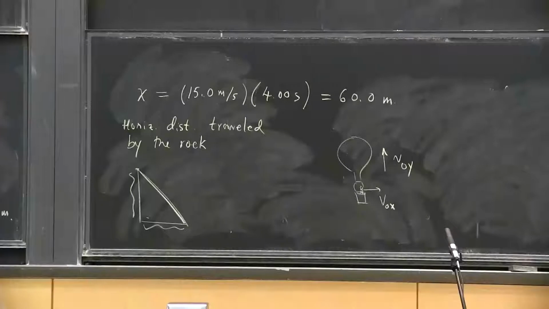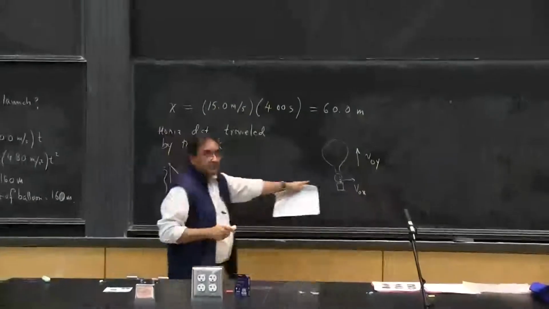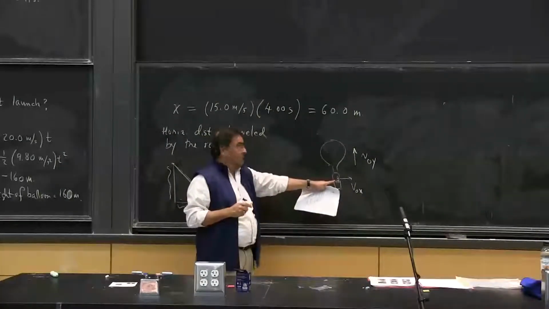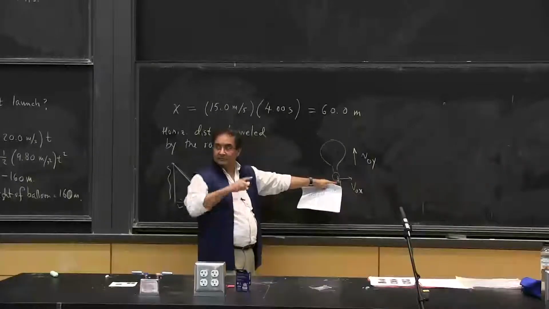One would be the upward velocity of the balloon itself, because the rock was in the balloon as it was released. And the other is the horizontal velocity with which you released it. So what would its trajectory be? If I ask you to draw this trajectory as I release this and the balloon is going up, how would it be? It will go up.